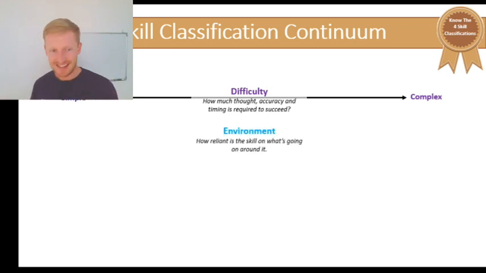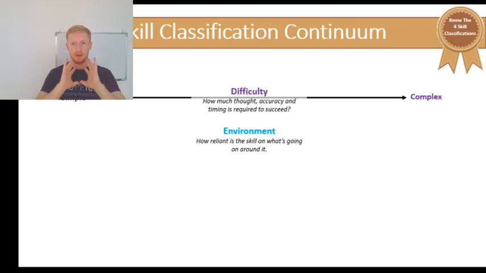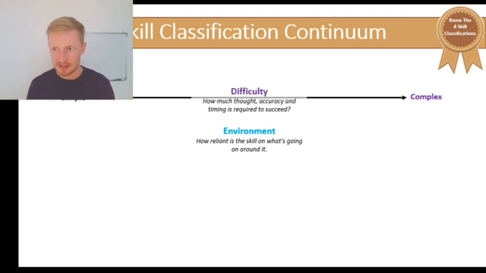Second category is the environment. How reliant is the skill on what is going on around them? So I just said with football, netball, basketball, all of those invasion games, if you're practicing a skill from one of those sports, chances are you want to be doing it around other people, because when you're executing that skill in a game situation, there's other people around.